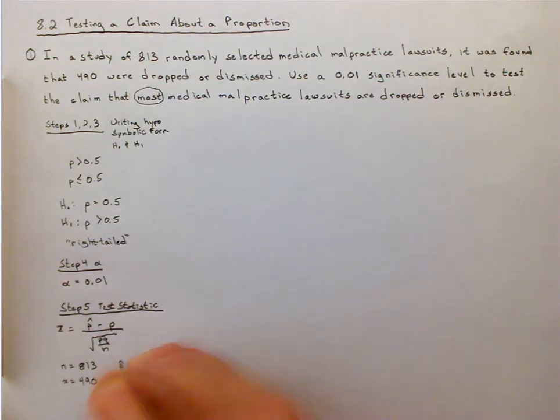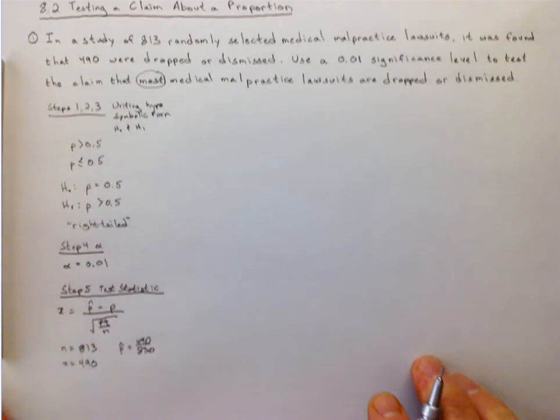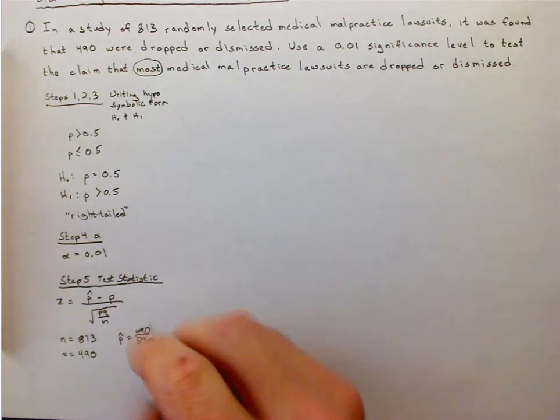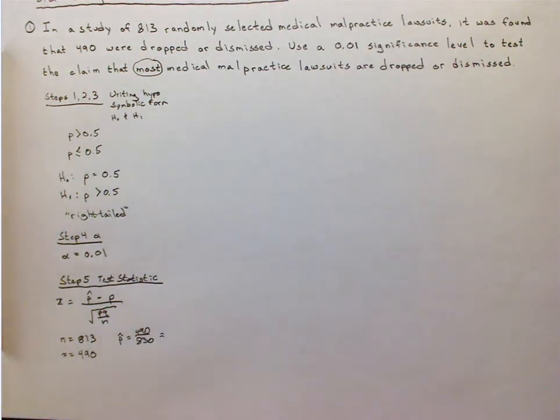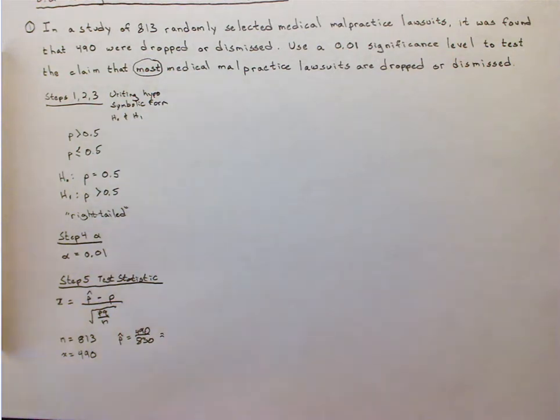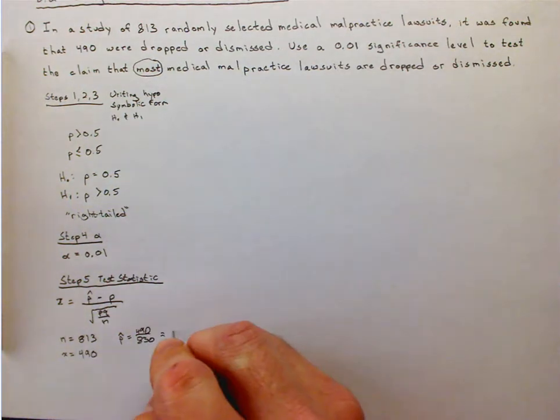So I know that p hat is 490 divided by 830. Oops, 813, sorry. 490 divided by 813 will give me 0.6027.